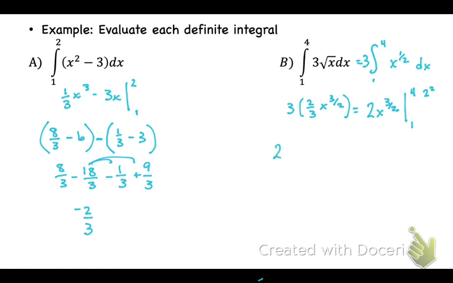So I have 2 times 2 squared to the 3/2 minus 2 times 1 to the 3/2. So that gives me 2 cubed, which is 8. So 16 minus 2. So 14.